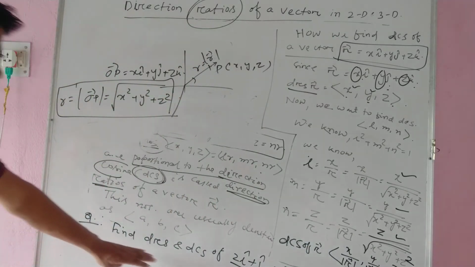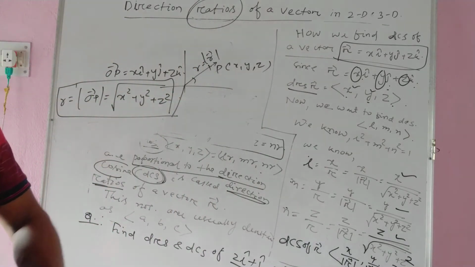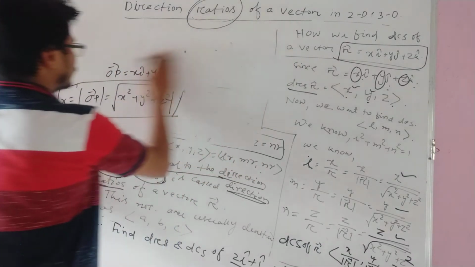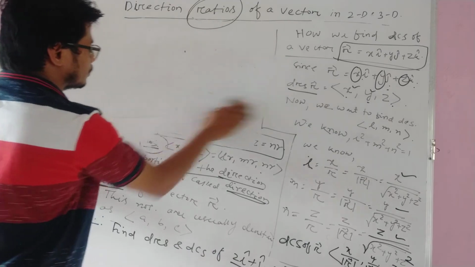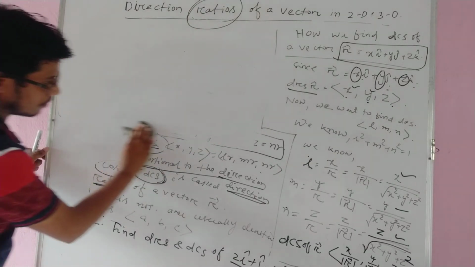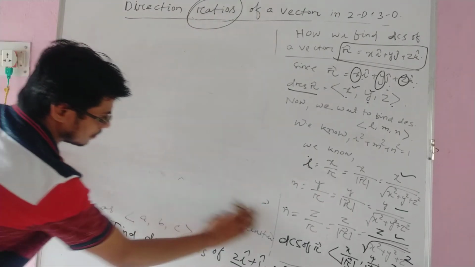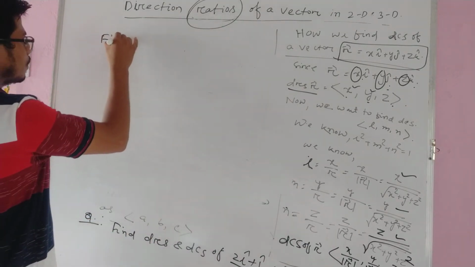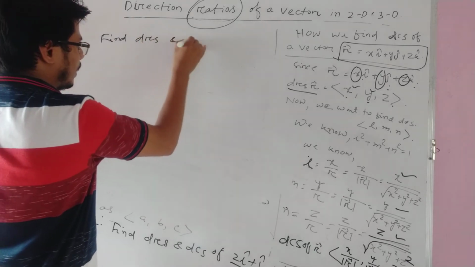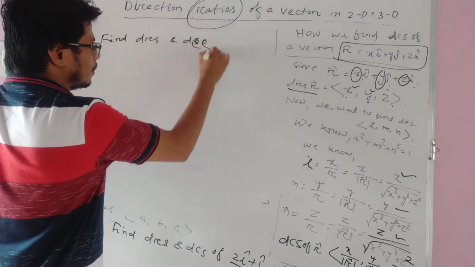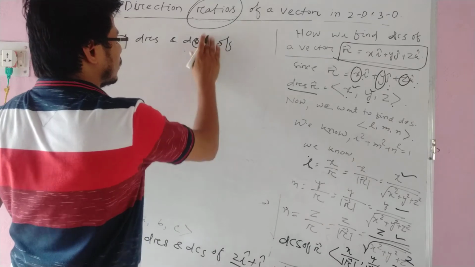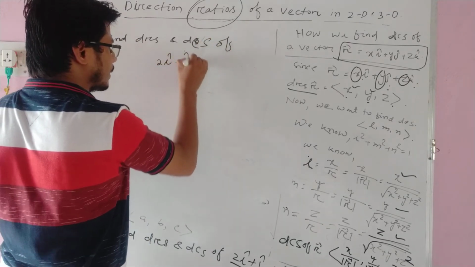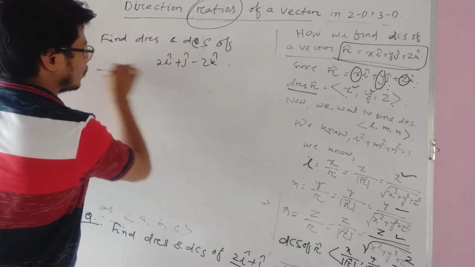Now how do we solve this problem? Find the DRS and DCS of the vector 2i plus j minus 2k.